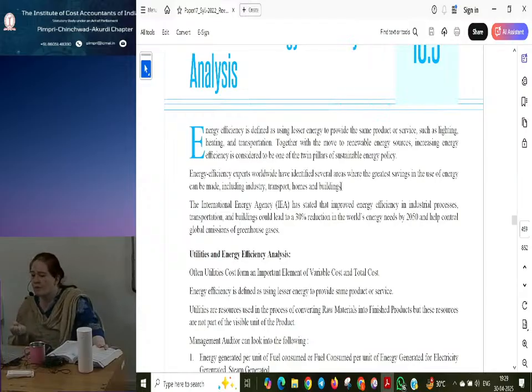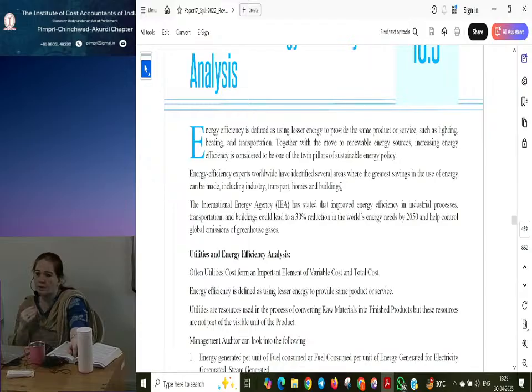So how efficiently energy is utilized, and what is the form of energy, whether it is from renewable or non-renewable sources of energy, is not only going to have an impact on the cost, but also now when we are talking about green energy, green finance, that's the term, right? So the carbon emissions from the manufacturing plant are also looked into.